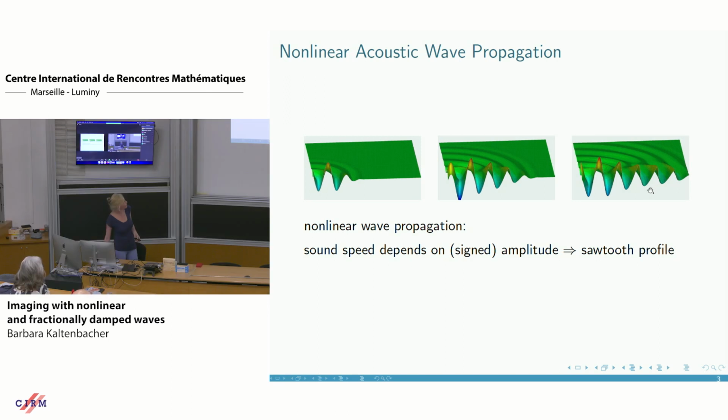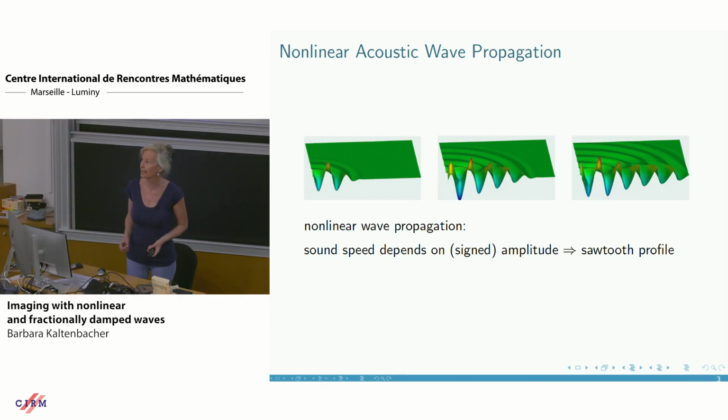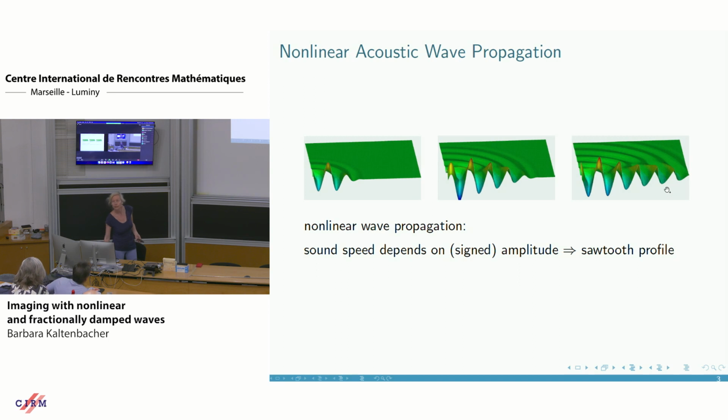And so why does this happen? In principle, the principle is that the wave speed depends on the amplitude, and it depends actually on the signed amplitude or on the signed density. So in regions where the medium is more dense, it's densified by the wave propagation, there's faster propagation, and in regions where it's rarefied, it's slower.